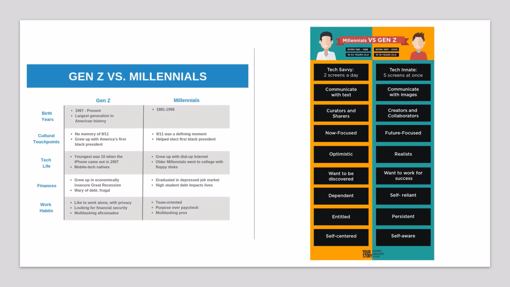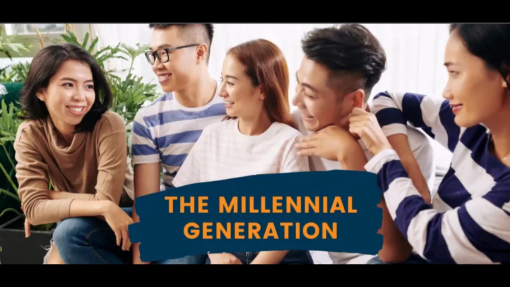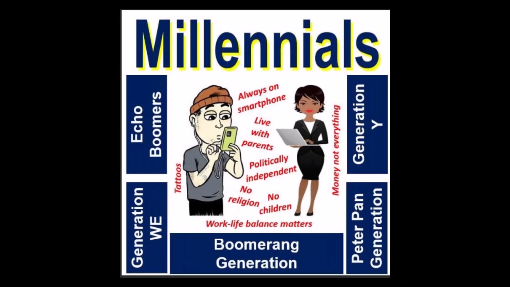Let's compare Generation Z and the millennials because they'll be making up the bulk of the workforce. Add in the baby boomers and you can see why it's hard to integrate these groups. Let's look at the millennial generation and some stereotypes. Most of the stereotypes are not complimentary if you're a baby boomer.